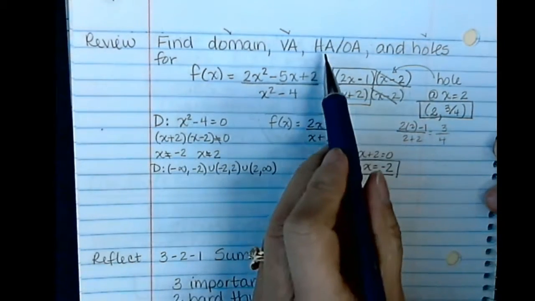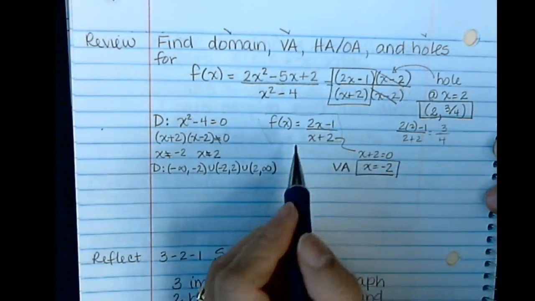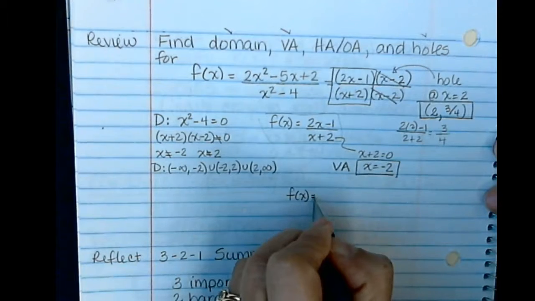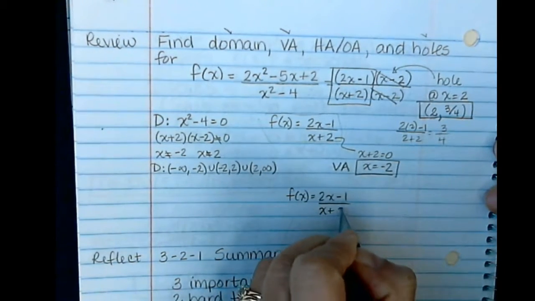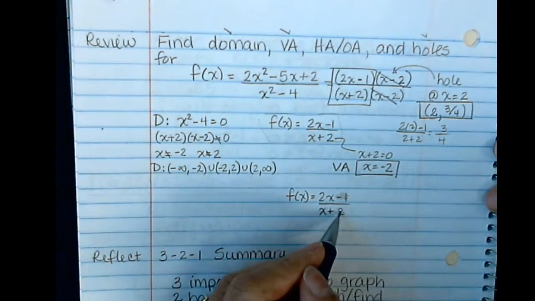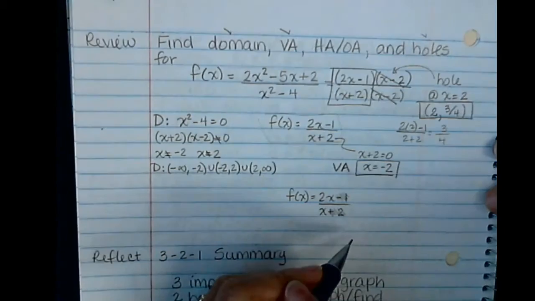To find if this is a horizontal asymptote or an oblique asymptote, we're going to look at the degree of our polynomial. So again, we're looking at f of x is equal to (2x minus 1) over (x plus 2). What we can see is that we can kind of ignore these values here. When x is really big, 1 and 2 are pretty puny.